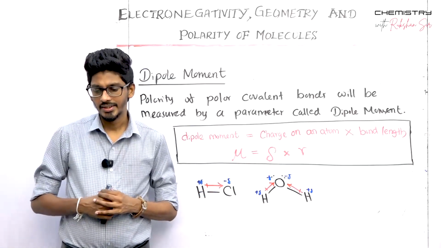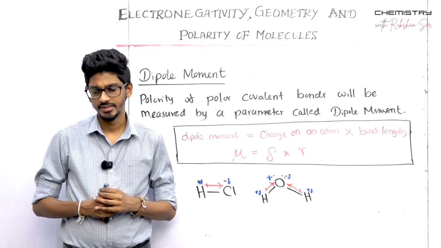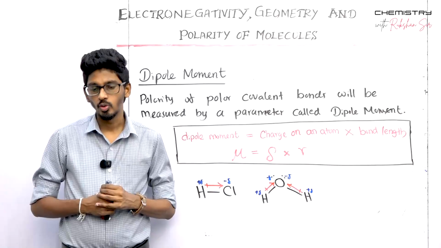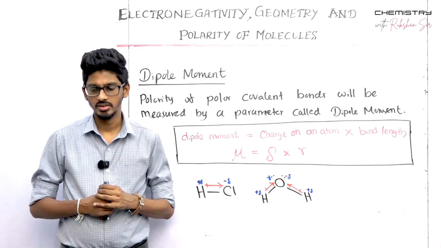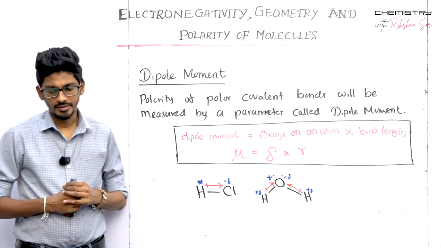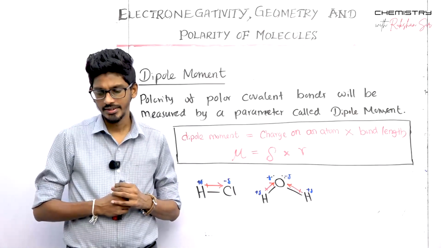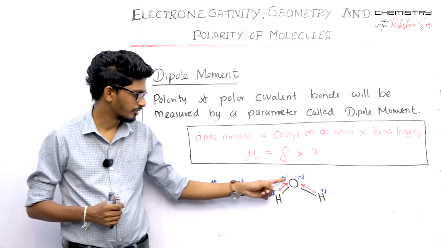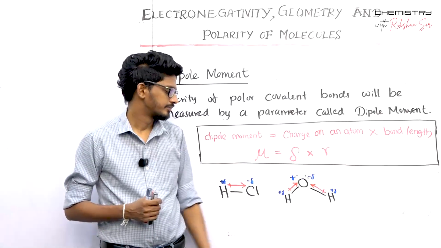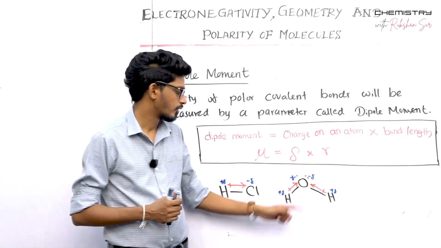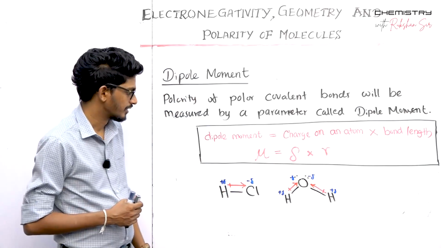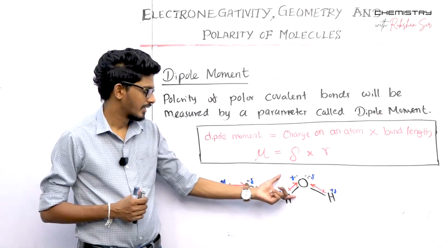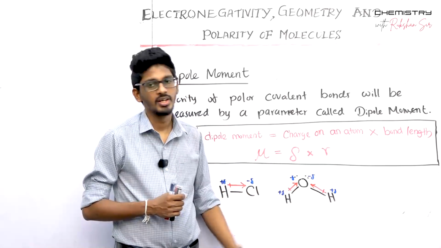Here it says the dipole is denoted as an arrow, and the arrowhead is pointed towards the negative pole of the covalent bond. Got the idea? So that is how you are supposed to symbolize the direction of the dipole moment.